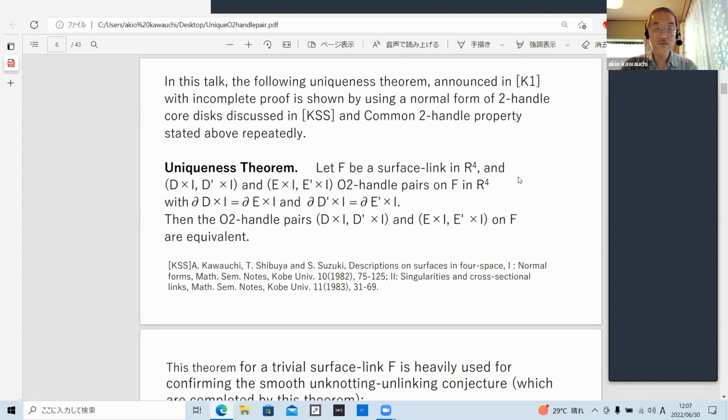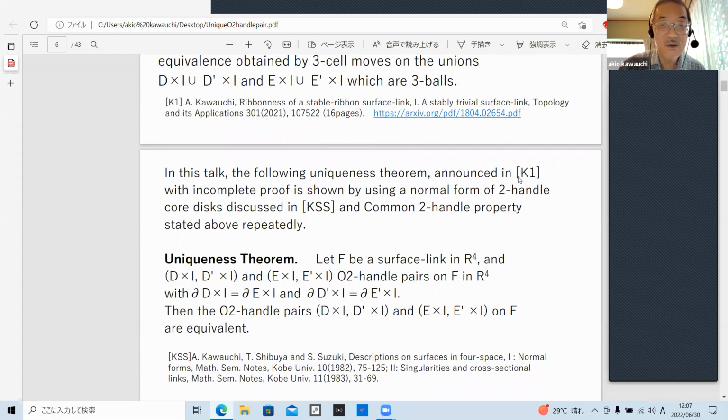So this talk is about the following uniqueness theorem, which I proved. This theorem was announced in this paper, reference K1.